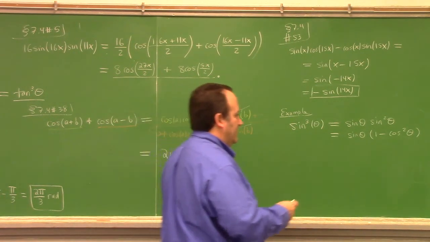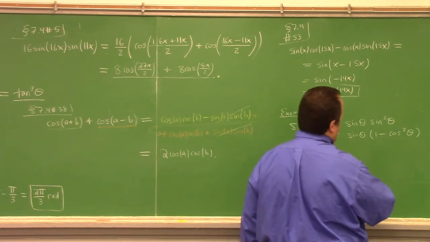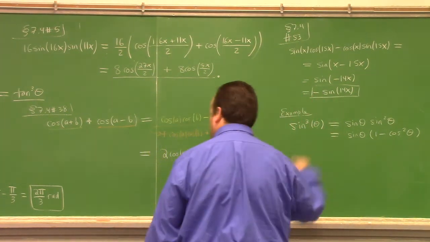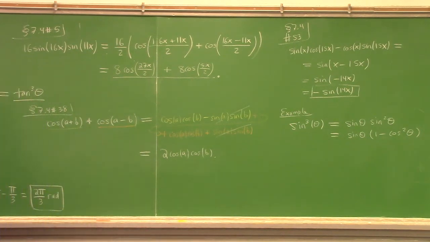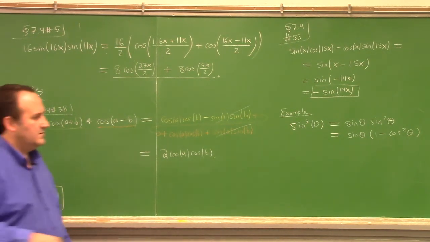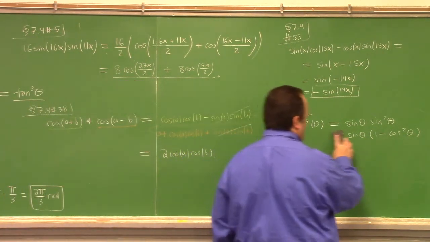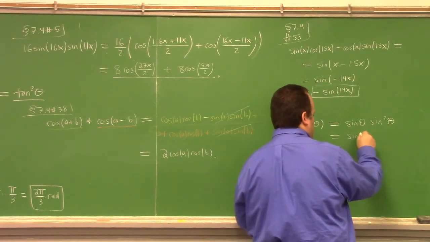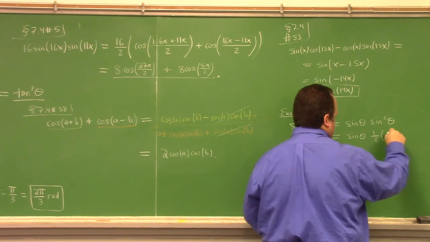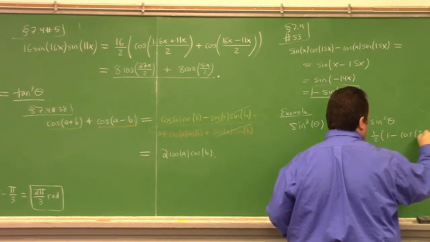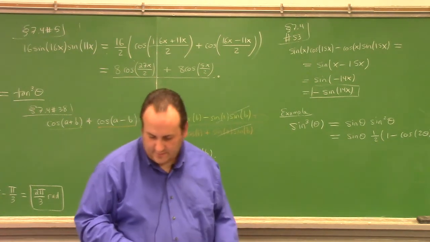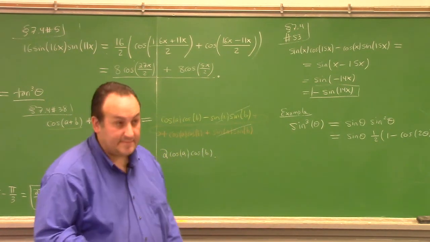Actually, I regret the last step. Why do that? How about we just go back to the previous step? What I just did is not helpful. But we could go from here to something nice, right? This is just sine theta times 1/2 of 1 minus cosine 2 theta, by formula 19.